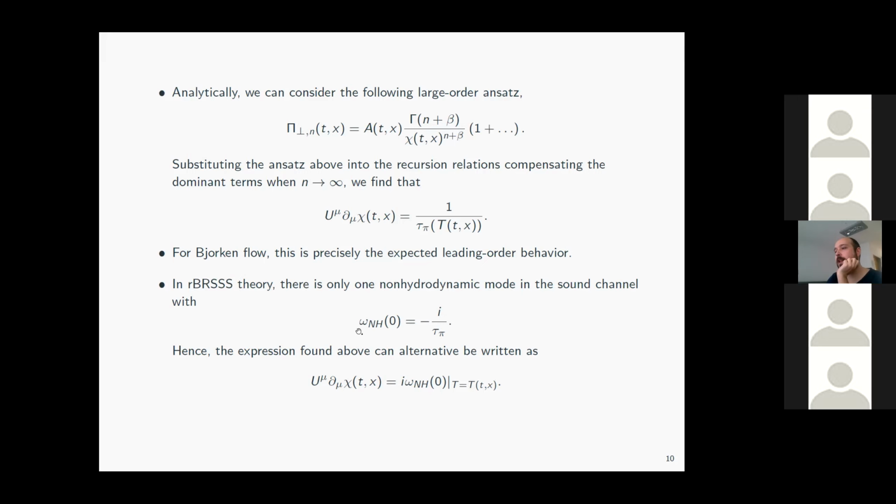So the non-hydrodynamic mode at zero momentum is set by the inverse of the relaxation time at the particular temperature of the thermal equilibrium state your fluctuation is perturbing. Okay, so the expression here can be written alternatively in terms of this non-hydrodynamic mode evaluated at zero momentum. Okay, so this is the relation that we find by this analytic argument.